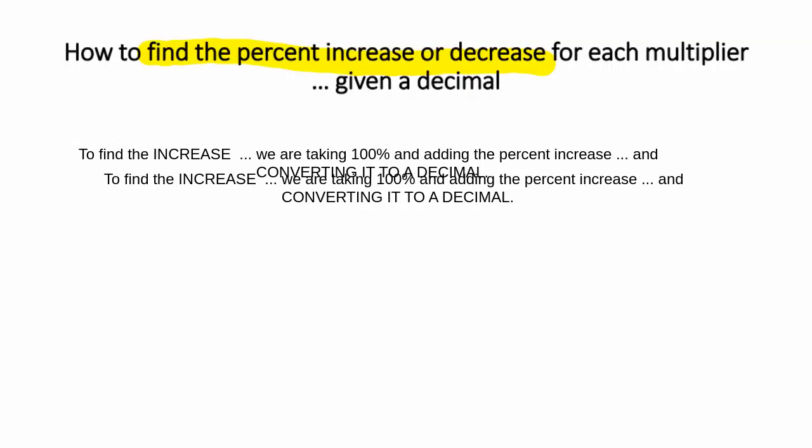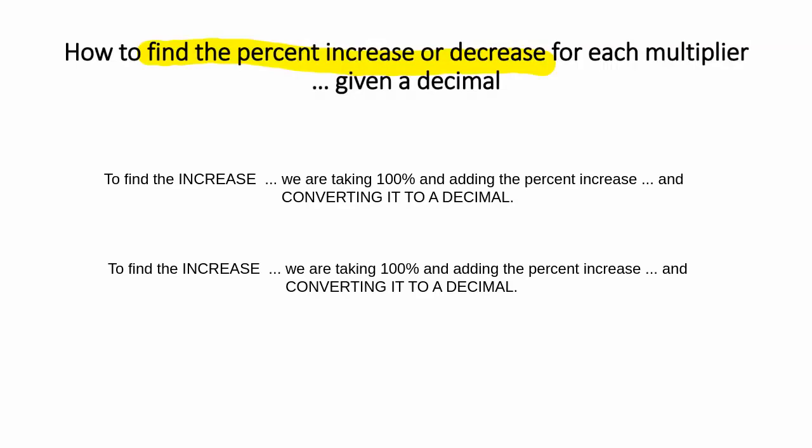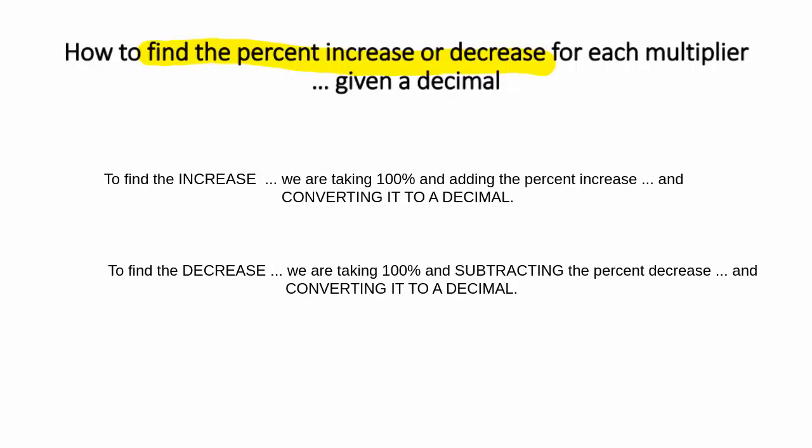But then what happens if we go for the decrease? We're taking 100% and subtracting the percent decrease and converting it to a decimal.